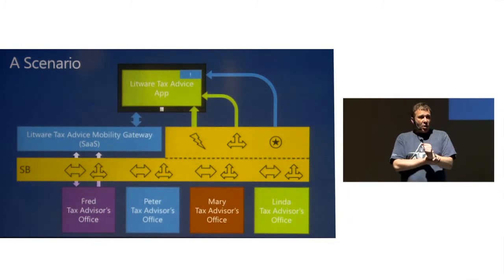Litware now sells them also this mobile application gateway. And that is complemented by a wonderful app that they can go and buy from the App Store on iPad. And let me be frank, I'm a server guy. I don't care. All I care about is that I can service clients.